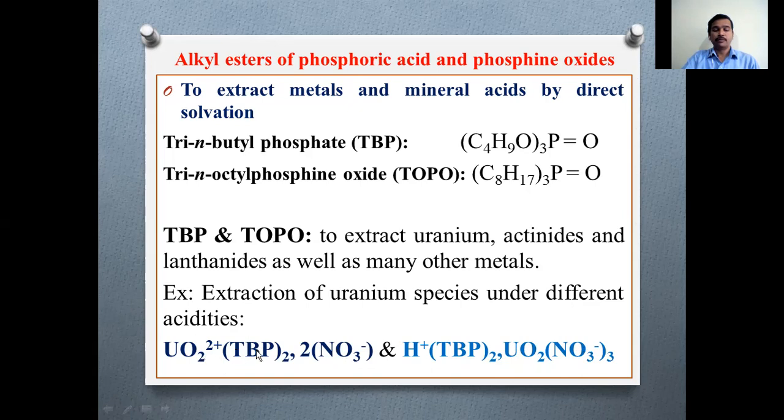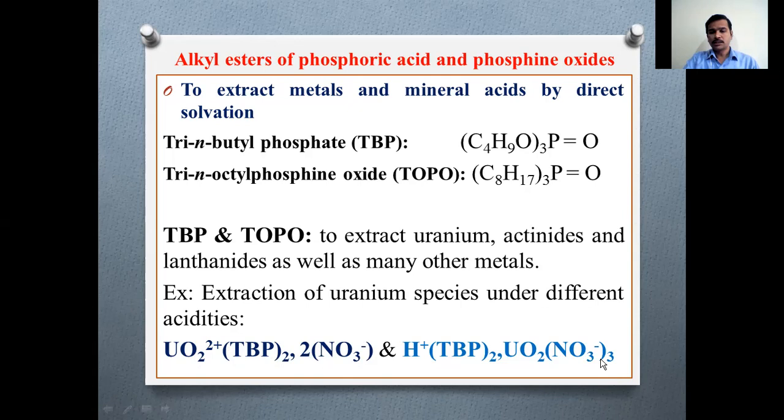Direct solvation of uranium-6 takes place, as the oxidation state of uranium here is 6. The counter ion will be nitrate, because UO2 has 2 plus charge and we need 2 minus charge, which will be supplied by the nitrate groups. So uranium can be extracted into TBP in the presence of nitric acid. If the nitric acid concentration is low, this is the ion association complex.